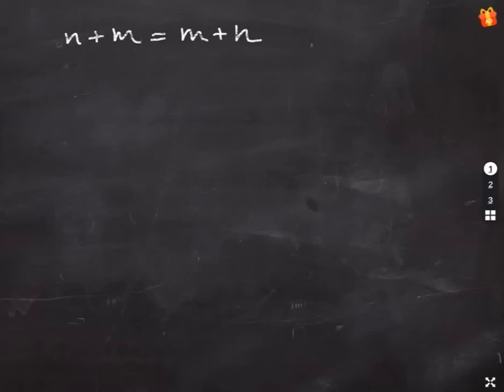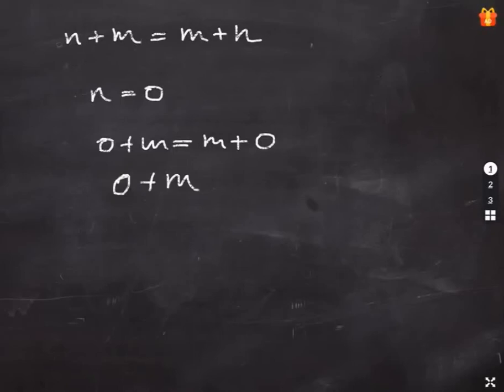As usual, you prove first the base case, so n equals 0, so that you have to show that 0 plus m is equal to m plus 0. By the definition of addition, 0 plus m is m, while by the previous lemma, m plus 0 is m, so that we have the base case.